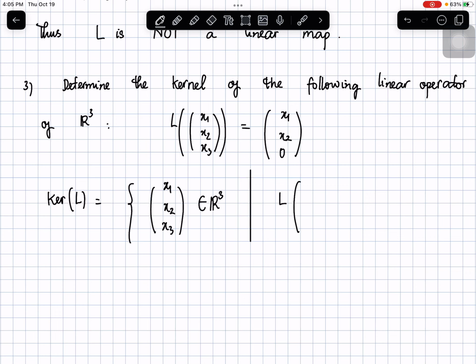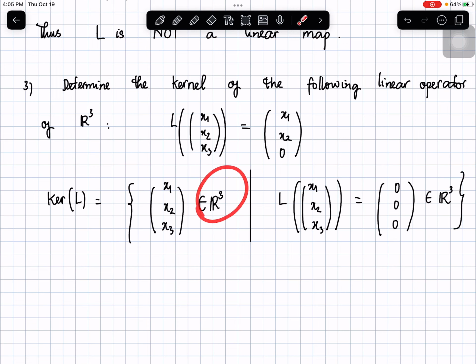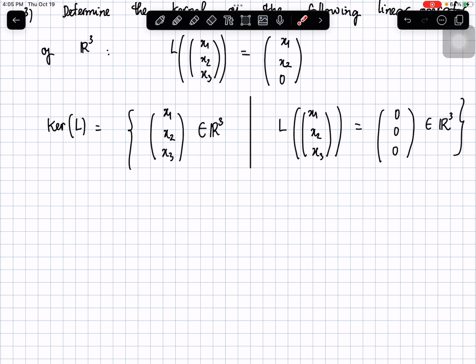F of x1, x2, x3 equal to 0, 0, 0. And this 0 is the zero vector in R3 in the codomain. They are all the same because we have a linear operator. Actually, we do the same thing for a linear map.